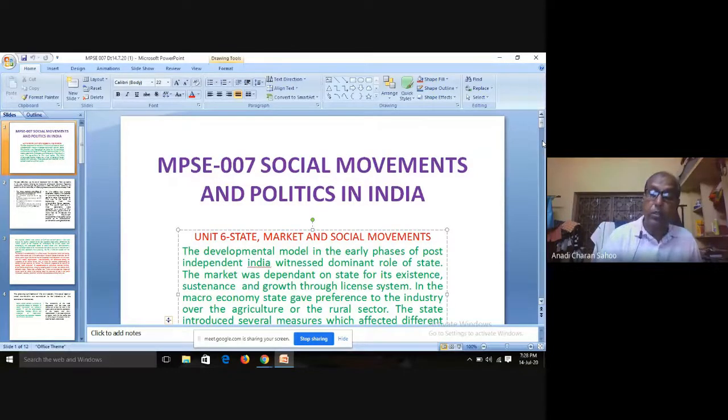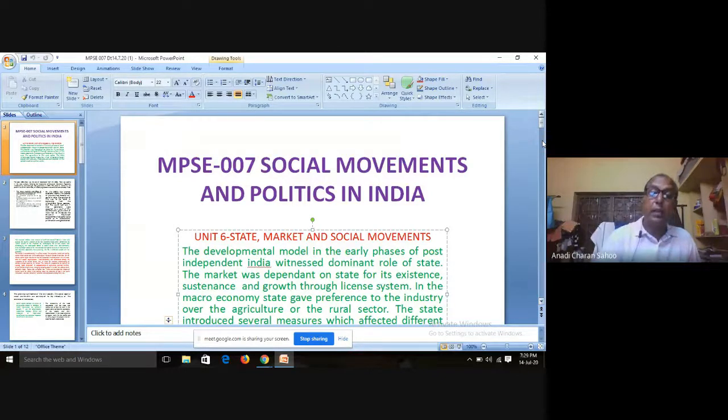Only because on that year India accepted, adopted and implemented the globalization process in India.